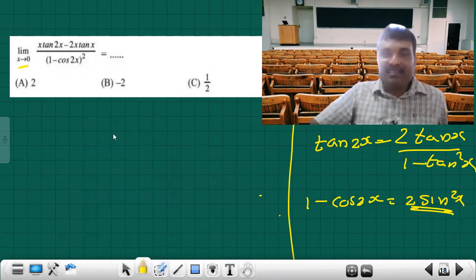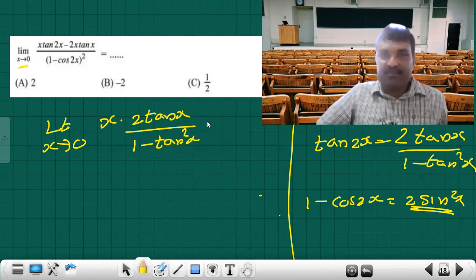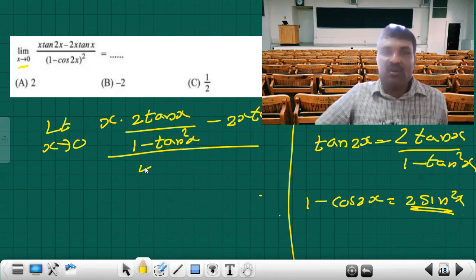Actually, I am doing it a little faster. Let's make it simple. Limit x tends to 0, we can write x into 2 tan x divided by 1 minus tan square x, minus 2x tan x, all divided by 4 sin raised to 4x.